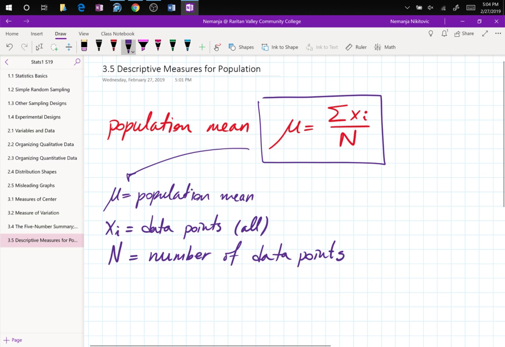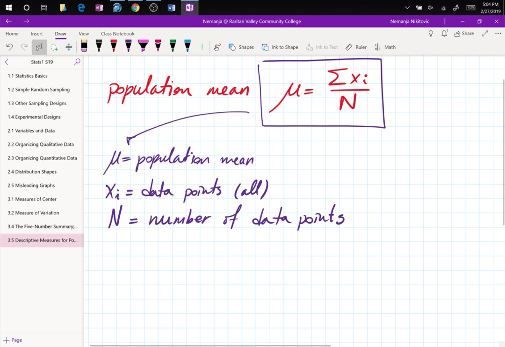For sample it was lowercase n, for population it is uppercase N. They show the same thing: how many numbers or values or objects you have in your set. So how many observations? And again, this symbol over here means add all of them.